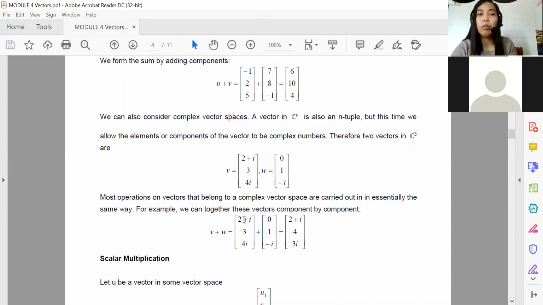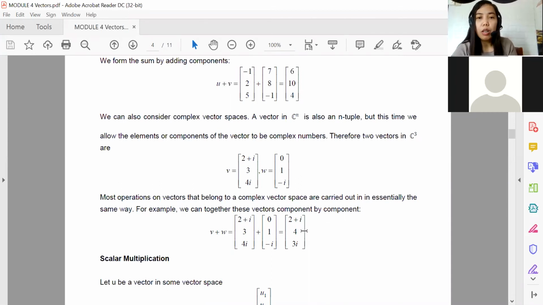For example, we can add these vectors component by component. So you will add u sub 1 plus w sub 1, u sub 2 plus w sub 2, up to u sub n plus w sub n. So we're going to get the sum of v and w. We will have 2 plus i plus 0, still 2 plus i. By the way, when we add complex numbers, it's just the same as how we add real numbers or integers.